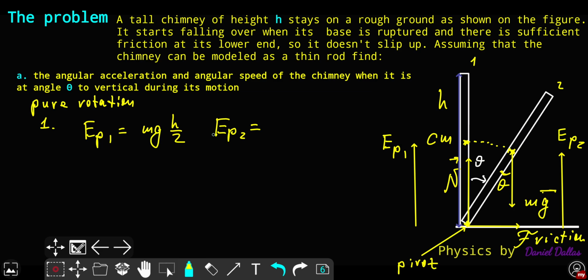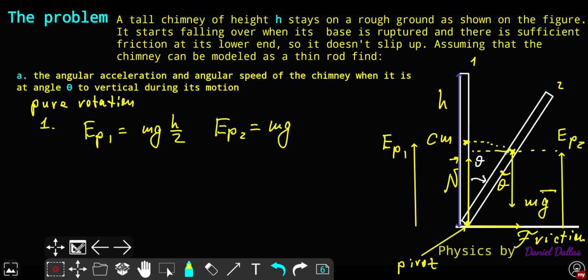That means part of the energy goes into another type of energy, definitely rotational kinetic energy. But hold on, let's rewrite at this level. We're going to have this height, and it can be calculated with the cos.